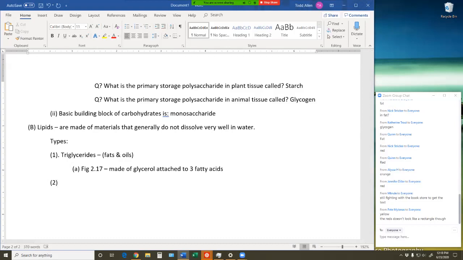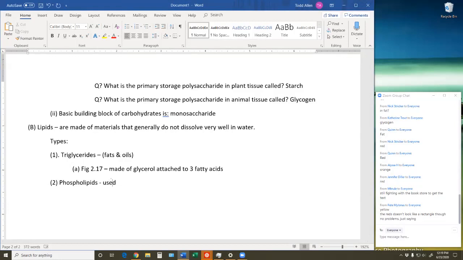So triglycerides are a type of lipid. And then phospholipids. Phospholipids are another type of lipid. Phospholipids are used to make the membranes of cells, and you see an example of them on figure 218, page 34.